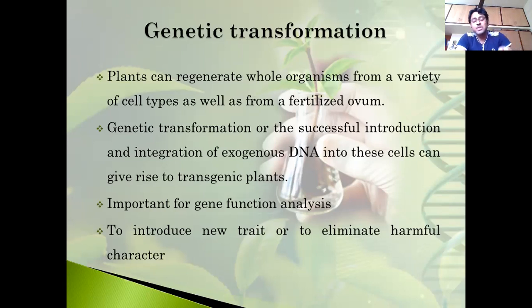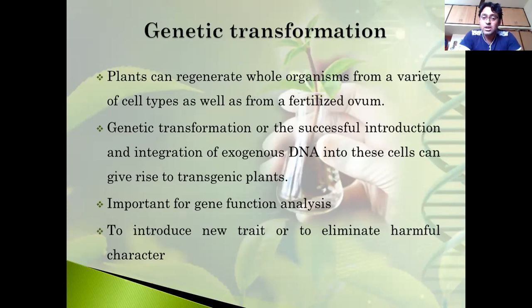Suppose, for example, a gene is associated with a particular type of stress resistance in plants. It may be biotic stress, it may be abiotic stress, any kind. So I have the preliminary data that a gene is related with drought tolerance or biotic stress tolerance.